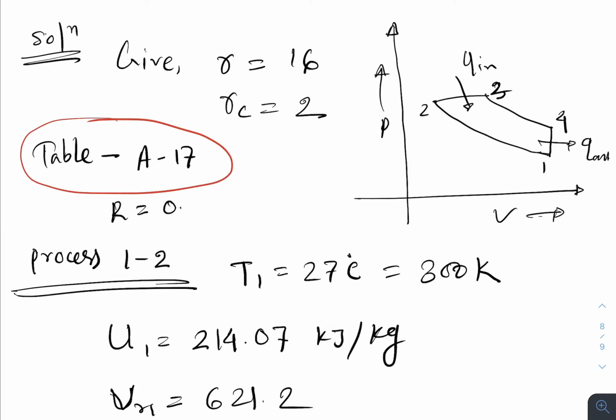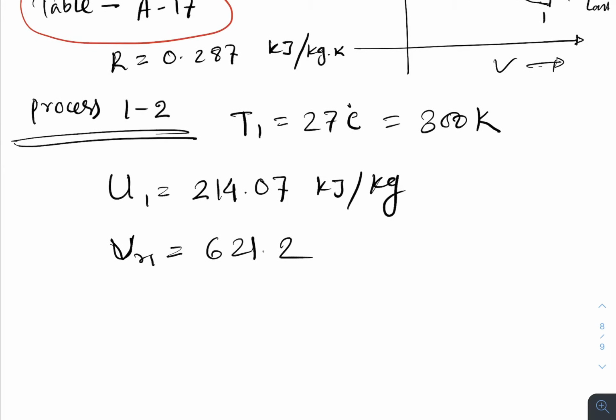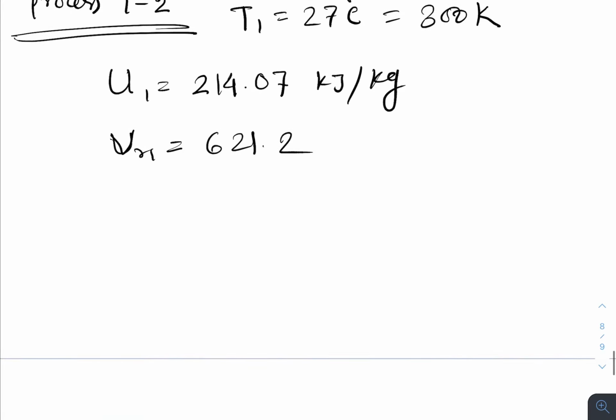I also recorded the gas constant R, which equals 0.287 kilojoule per kg Kelvin. So for process 1 we know all of this information.